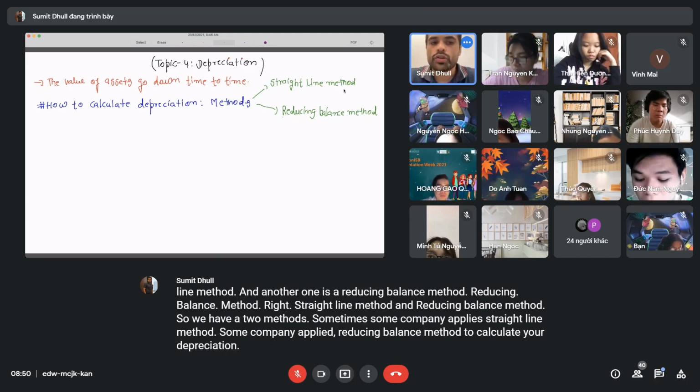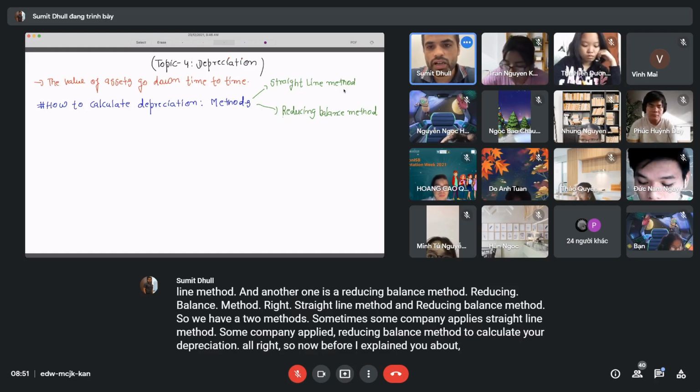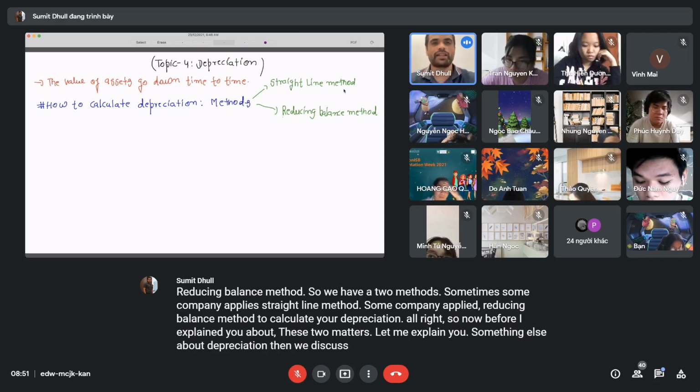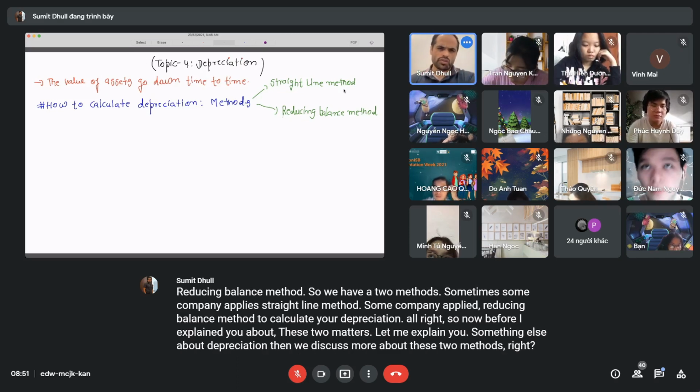All right. So now, before I explain these two methods, let me explain something else about depreciation. Then we discuss more about these two methods.